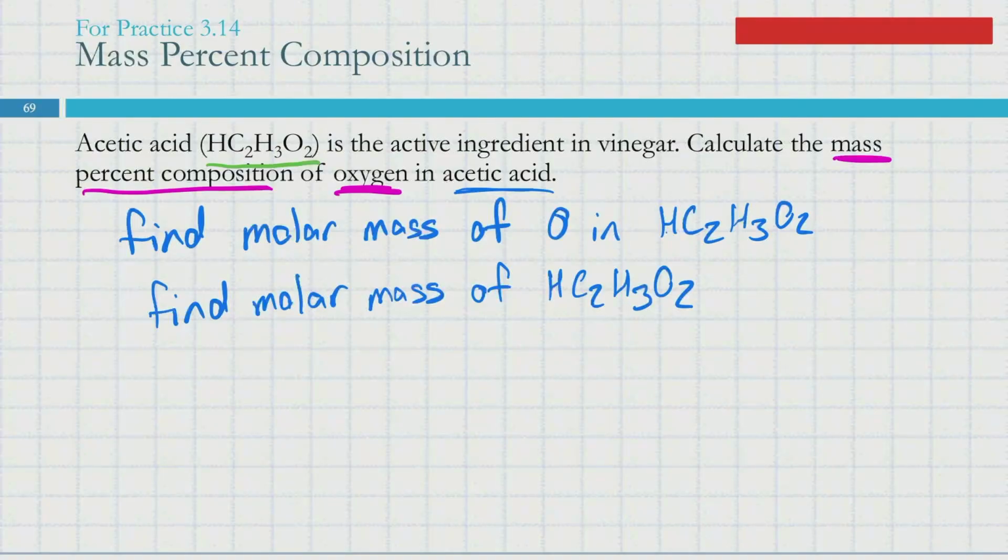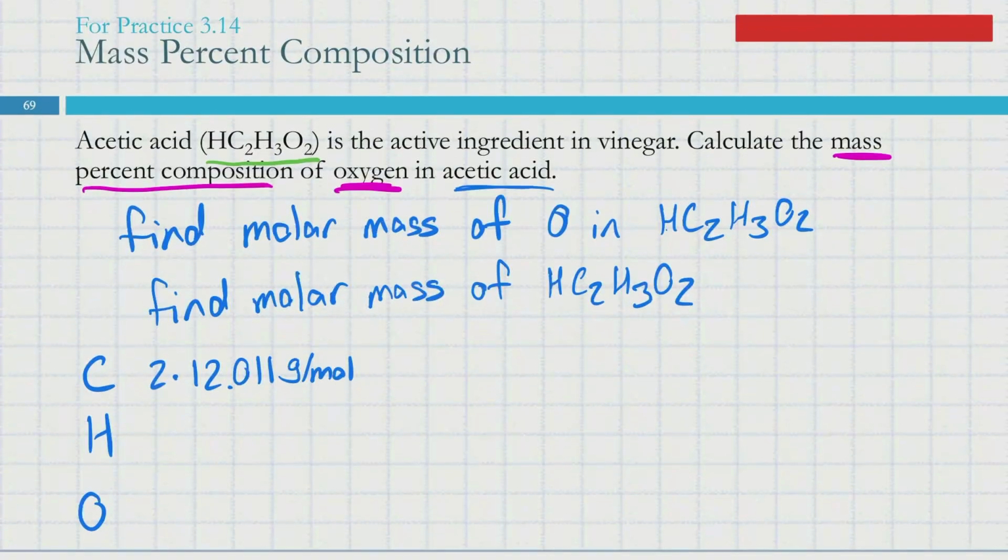We've got how many elements? 3 elements. We've got carbon, we've got hydrogen, we've got oxygen. How many carbons do we have? 2. We can find our molar mass on our periodic table. It's the same number as our atomic mass. Right around 12.